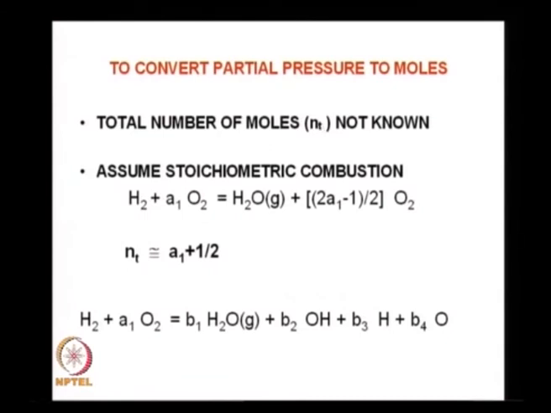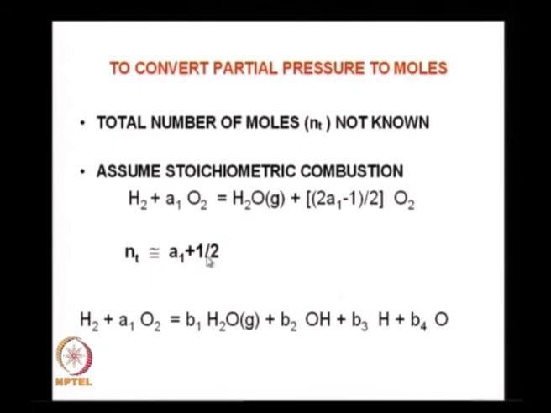Well, let us assume a stoichiometric combustion. Stoichiometric combustion means the products of combustion formed are complete, that means I have H2O as gas. If I have H2 plus A1 oxygen going to H2O gas plus the balance of oxygen, it gives me the total number of moles as equal to A1 plus half.